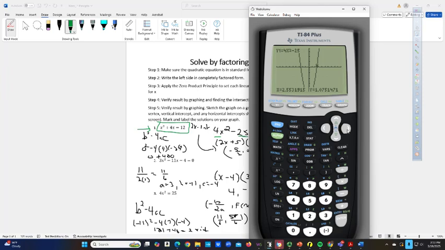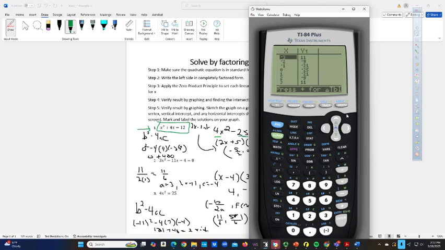Remember, it was positive 5.5, 0 and negative 5.5, 0 to find our intercepts. Okay. However, if you go to your table, you're going to be able to see the vertex. Okay. And you see our vertex is at 0, negative 25, because now you start to get the symmetry with your y values. However, you don't see the x intercepts, right?